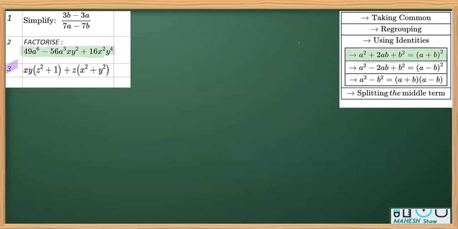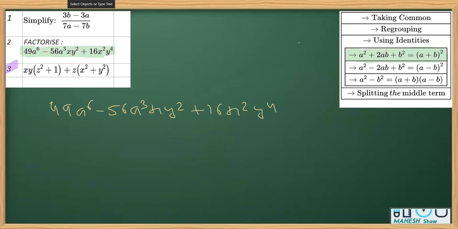So first, let me write down the question. This is 49 times a raised to the power 6 minus 56 a raised to the power 3 x y raised to the power 2 plus 16 x square y raised to the power 4.